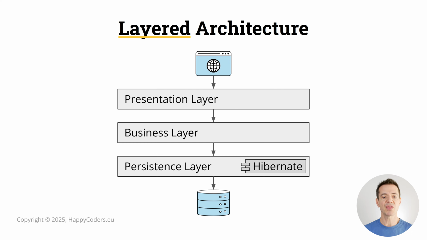Often it starts with having to implement a feature under time pressure. And for that, we make an exception and access persistence directly from the presentation layer, bypassing the business logic. Or even directly access Hibernate. Or access Hibernate directly from the business logic. That is even allowed. It's called an open or non-strict layered architecture.